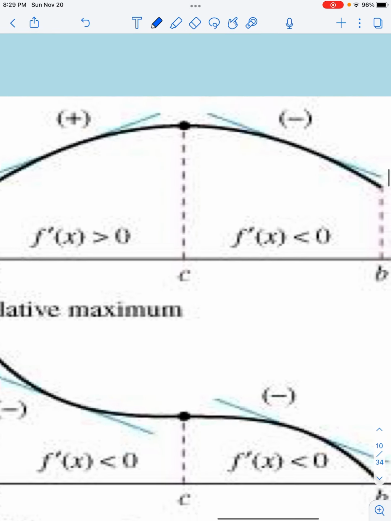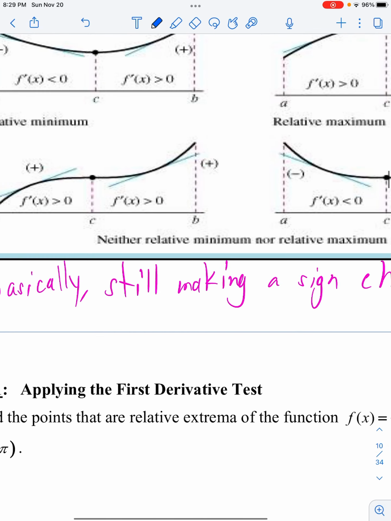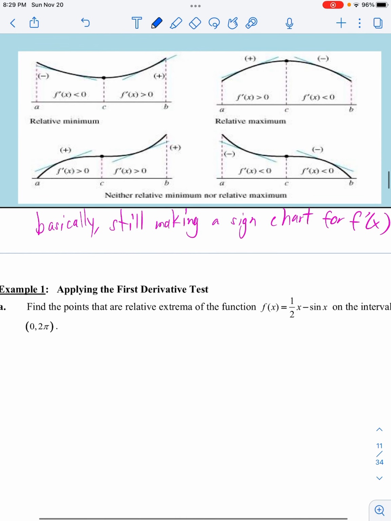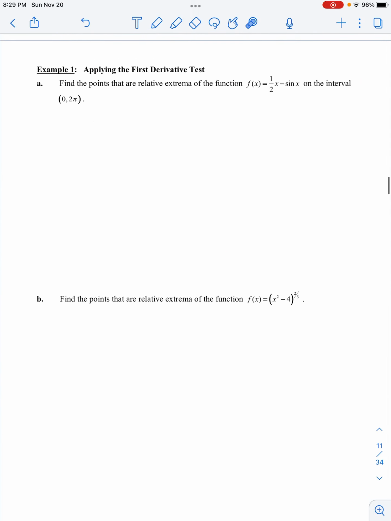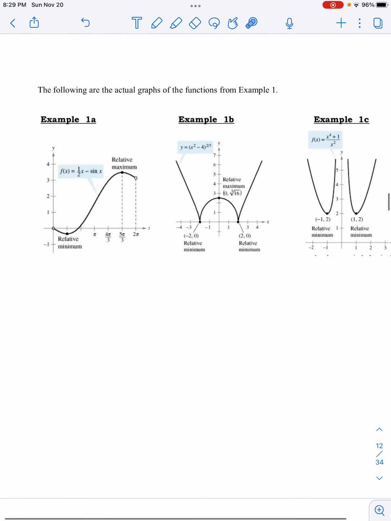Relative minimum right here, okay? These bottom 2 are inflection points. f prime equals 0 here. The slope of this tangent line would be 0, but it's neither a local minimum nor a local maximum, okay? Here we go. Let's do these examples. Easy peasy.